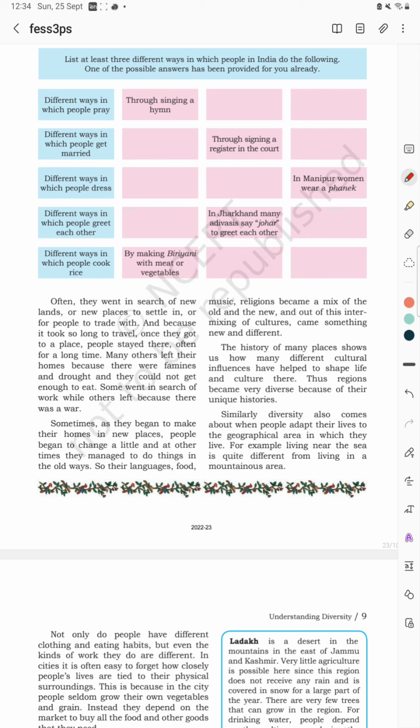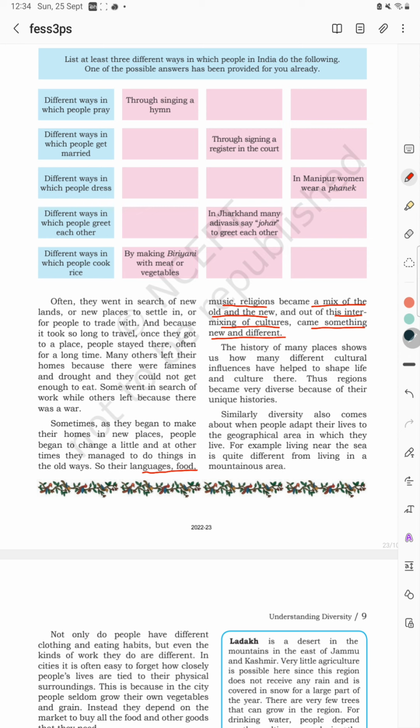So their language, food, music, and religion became a mix of old and new. Out of this intermixing of cultures came something new and different.